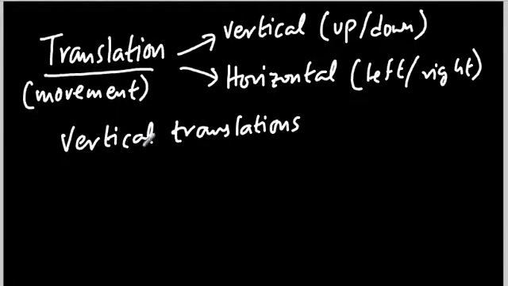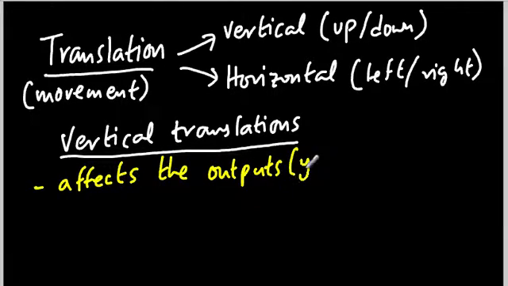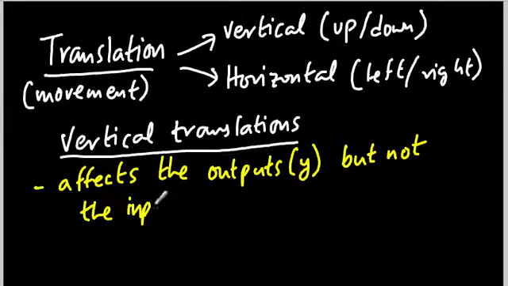As the name suggests, it just means we're moving things vertically, which means it affects the outputs, in other words, the y values, but not the inputs, which are the x values.